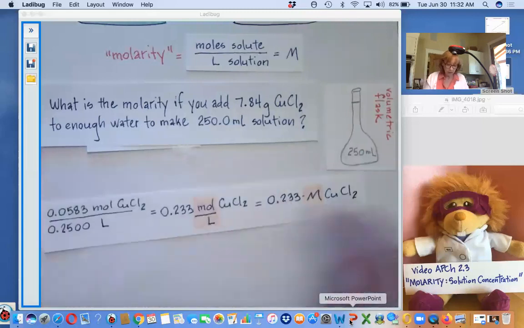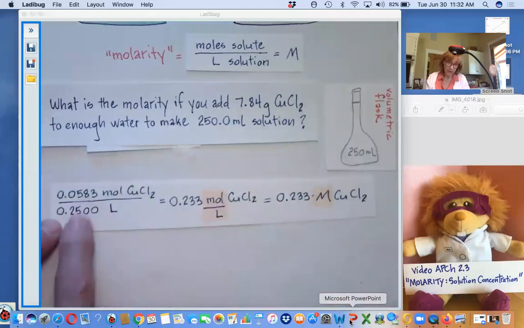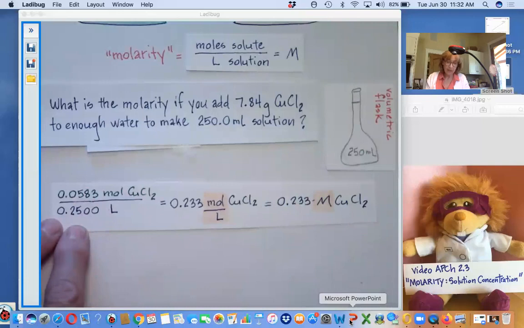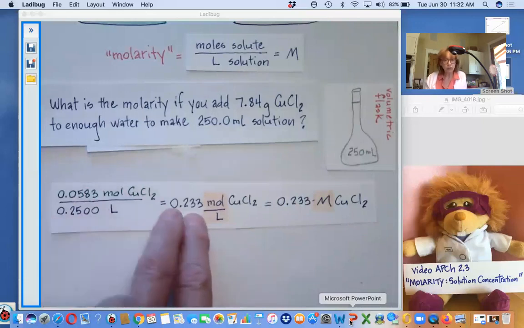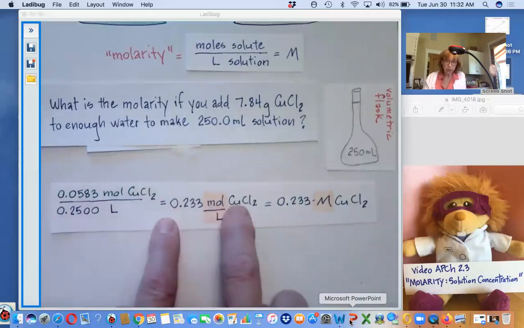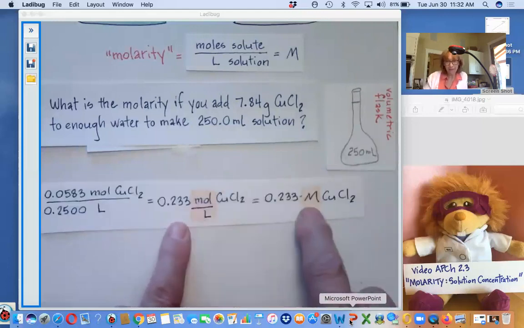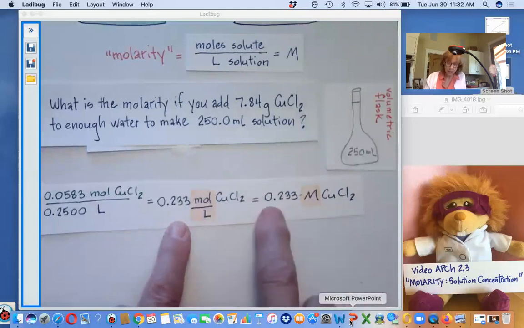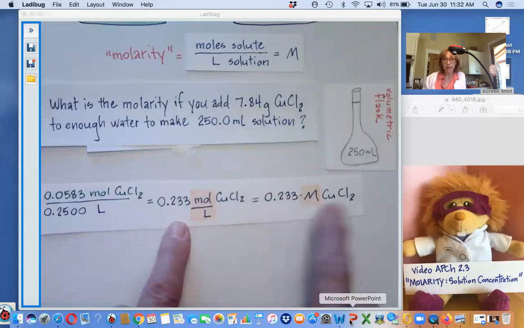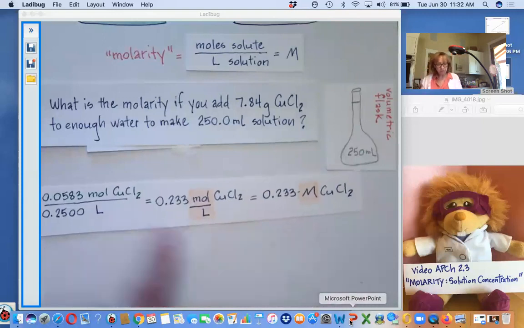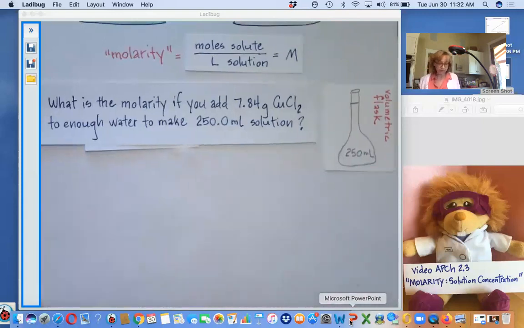So I'm simply going to divide using my calculator, and I come up with 0.233 moles copper chloride per liter. Again, this moles per liter unit is more commonly written this way with a capital M, and it's read 0.233 molar copper chloride.